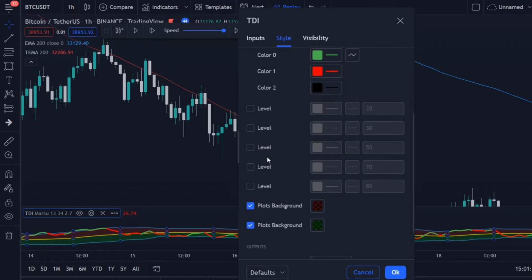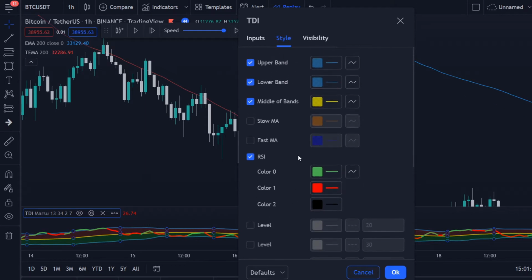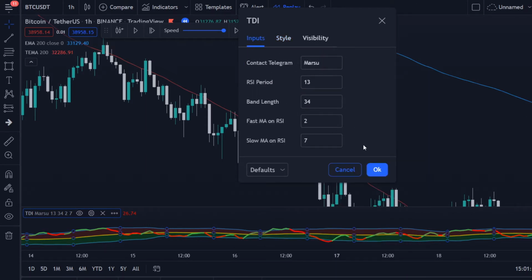And then we disable these levels, and I also use the background with this kind of dark red and dark green. But if you do not like it, you can also disable it. As you can see, this is how it would look like. And that's it. So again, you can look at the settings over here, and we use the default settings.